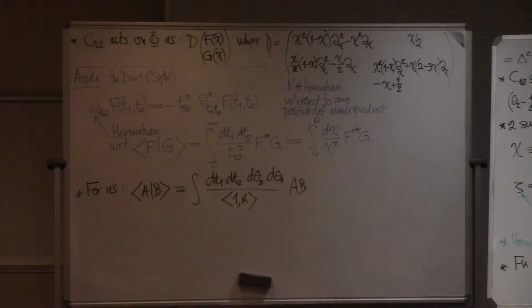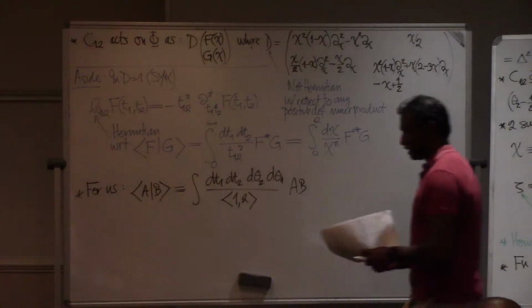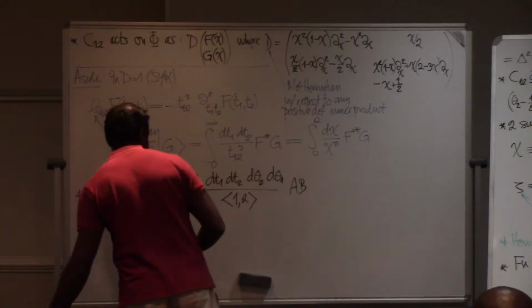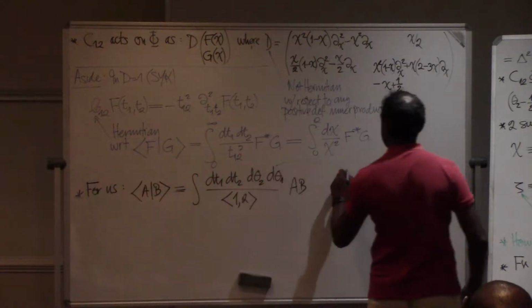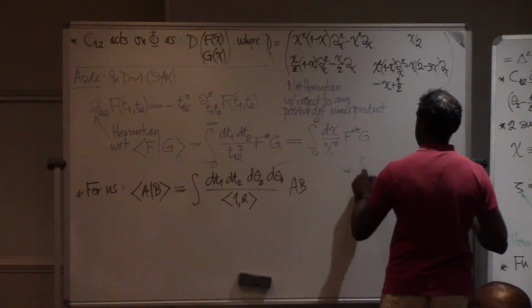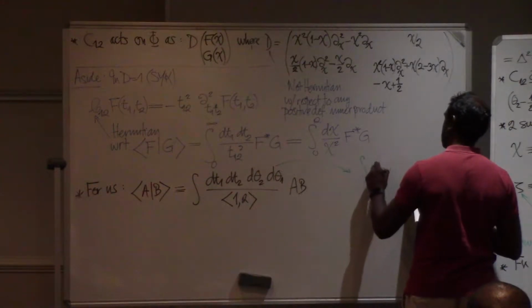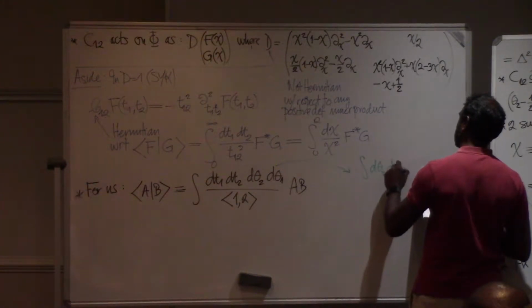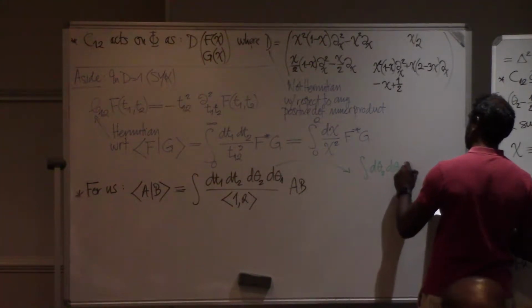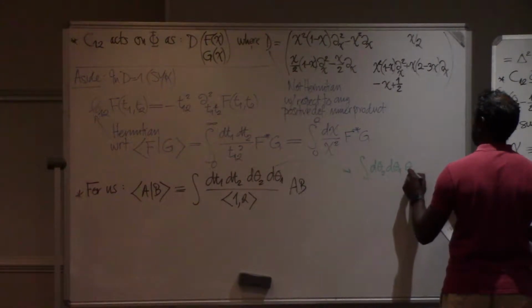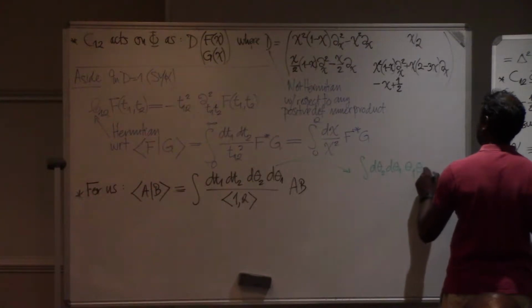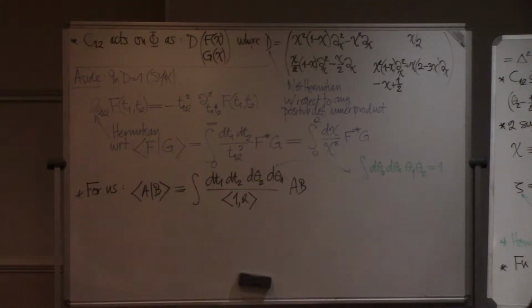One is I should tell you how I'm normalizing my Grassmann integrals. The Grassmann integrals here are normalized as follows. If I take the integral d theta 2, theta 1, theta 1, theta 2, that's 1.